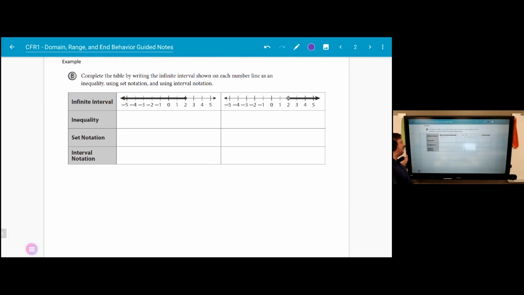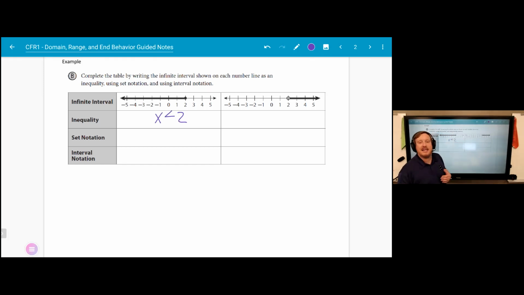Ooh, here's an interesting one. I have 2 as my biggest number, okay? I've got X and I've got 2. Am I dealing with numbers bigger than 2 or less than 2? Less than 2.